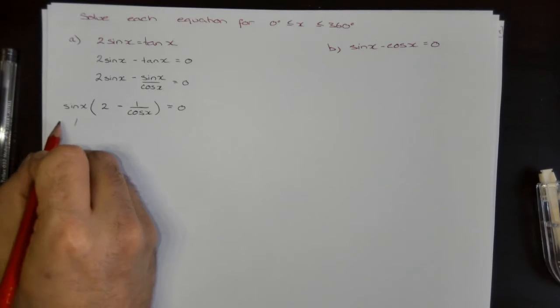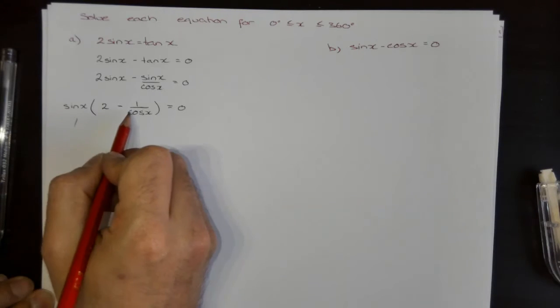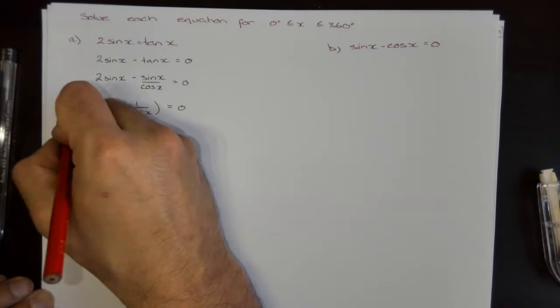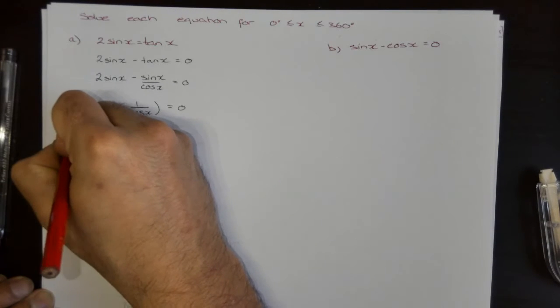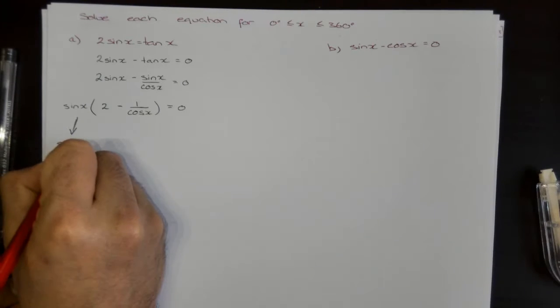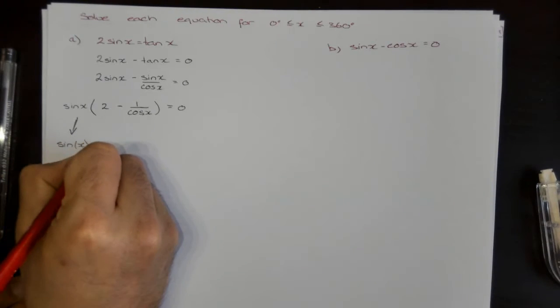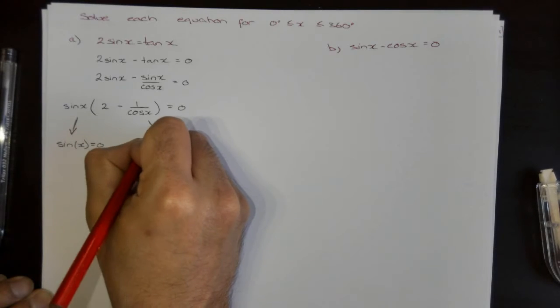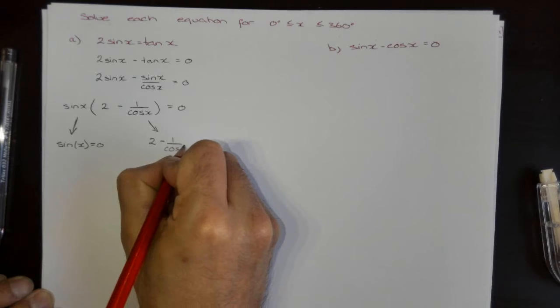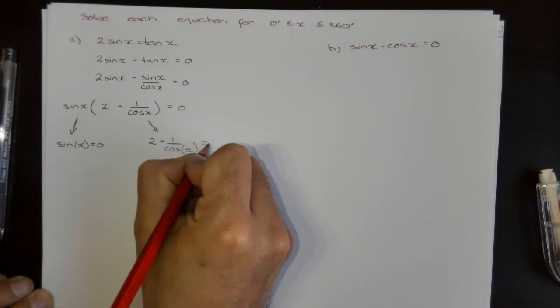So for sine of x multiplied by something to be 0, one of these things has to be equal to 0. So either this is 0 or this is 0.